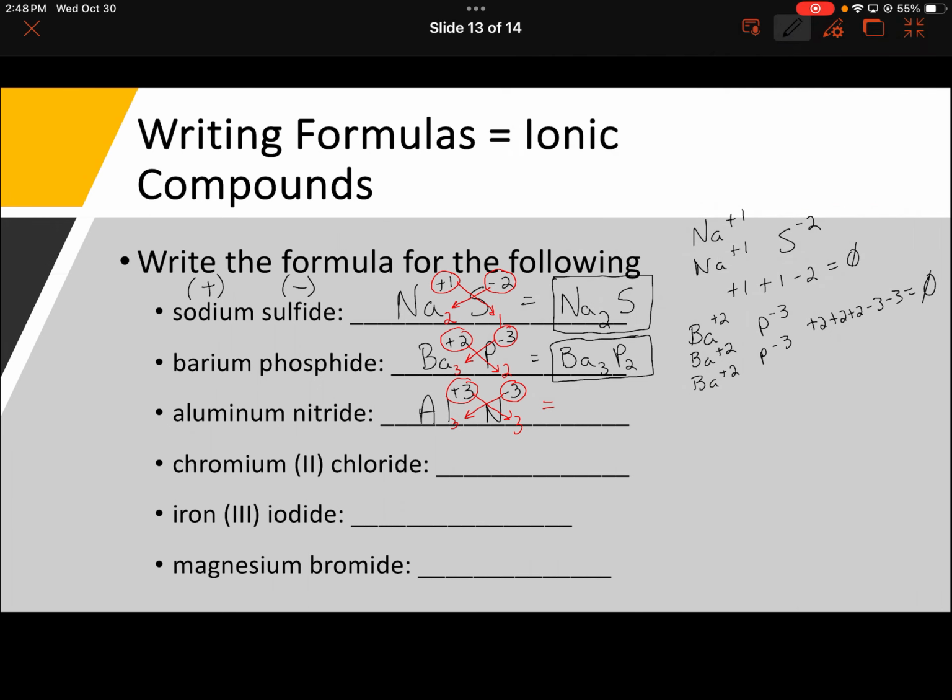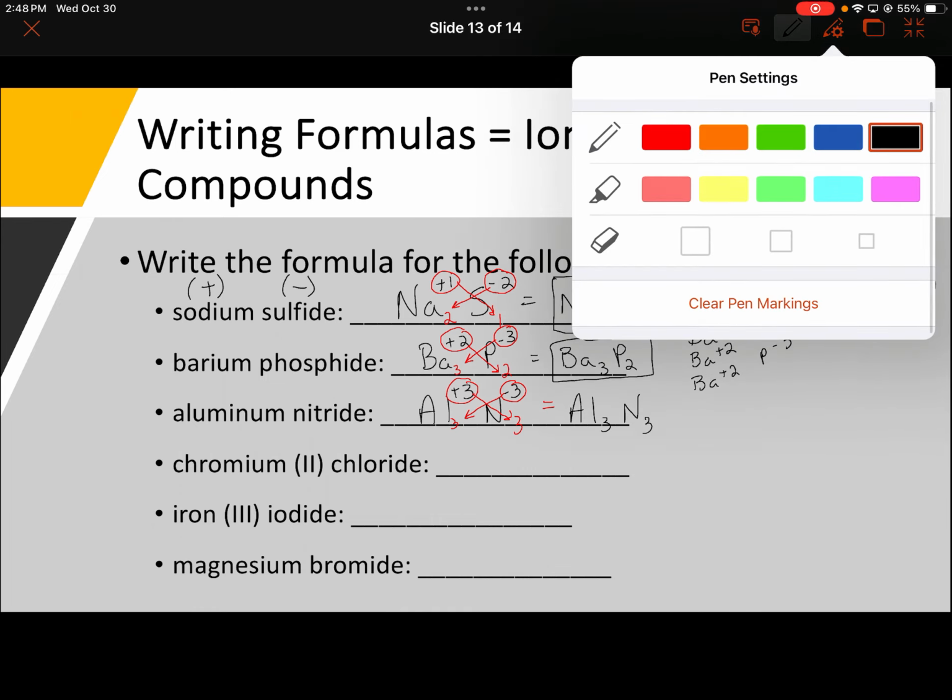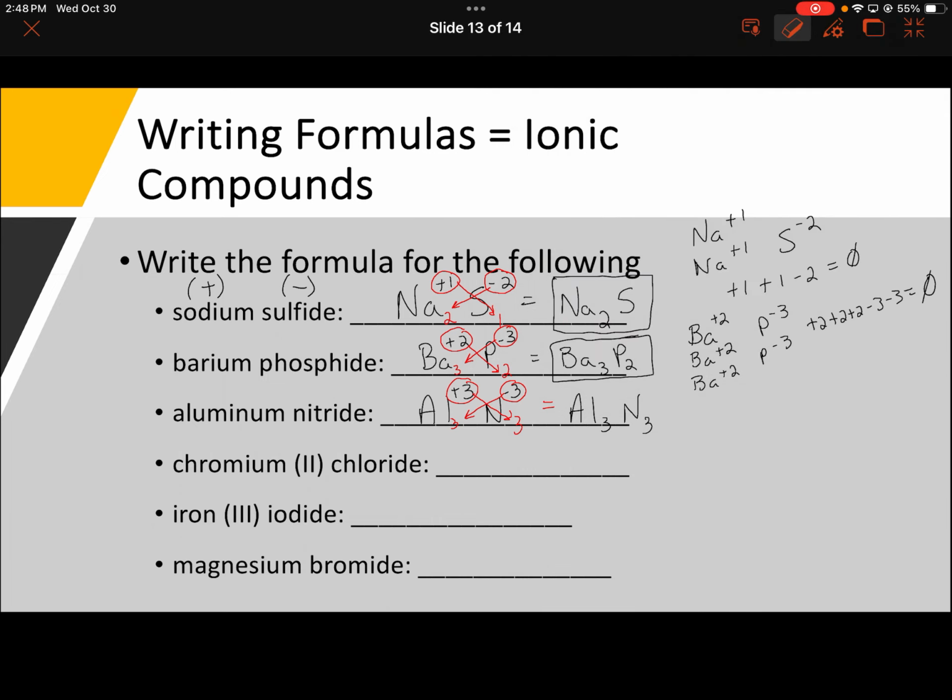If you notice, the subscripts are the same. And when the subscripts are the same, we simplify them down. So 3 and 3, since those can be simplified down, they both become a 1. 1 aluminum, 1 nitrogen, and that is my final formula. AlN.